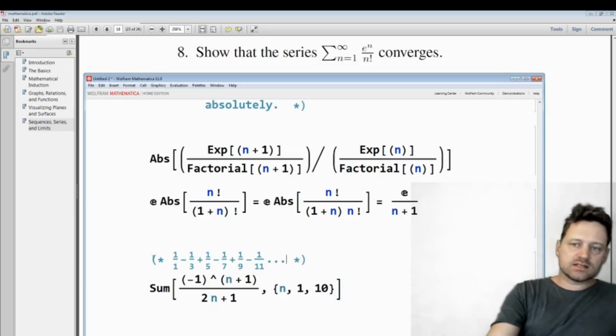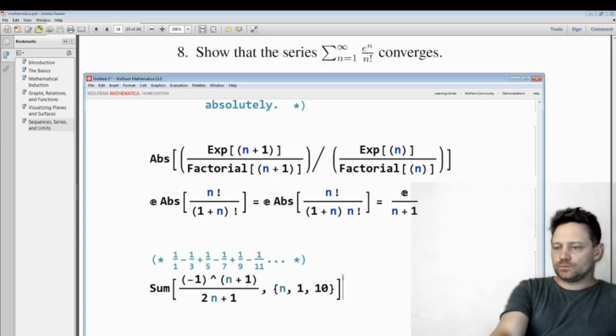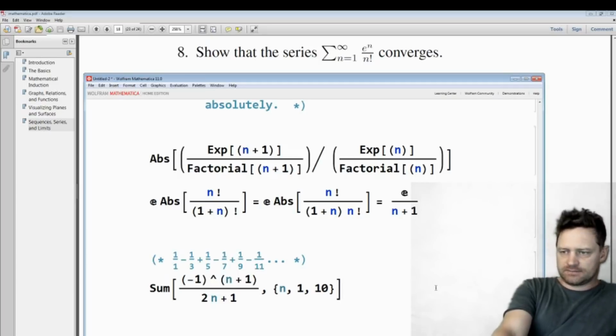This is the sum I'm talking about. Let's look at the sum of the first 10 terms of the series.